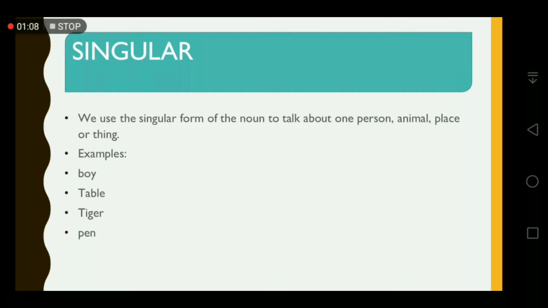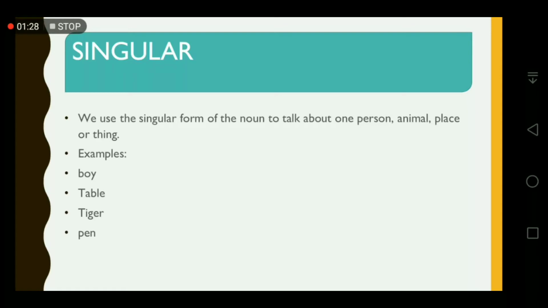For singular number, we use the singular form of the noun to talk about one person, one animal, one place, or one thing. Okay? Examples are boy, table, tiger, pen.